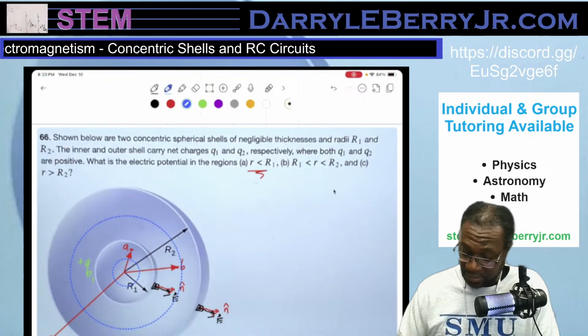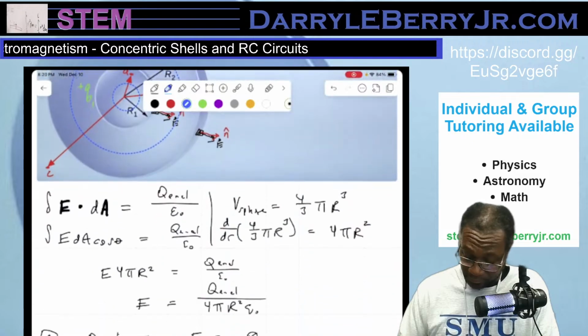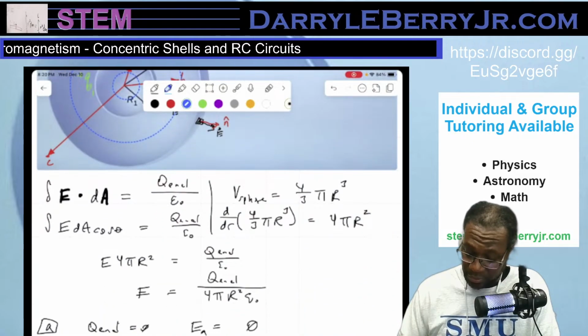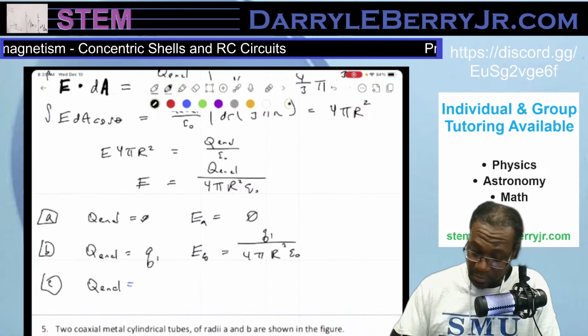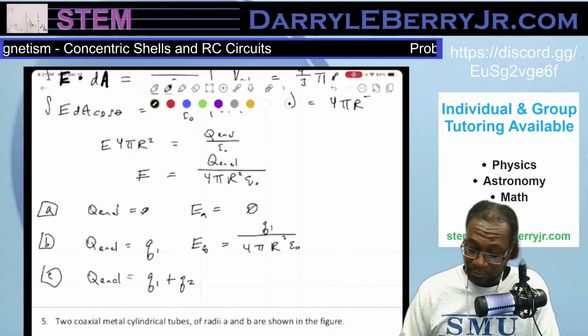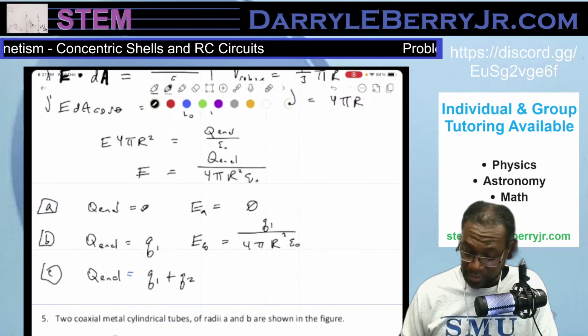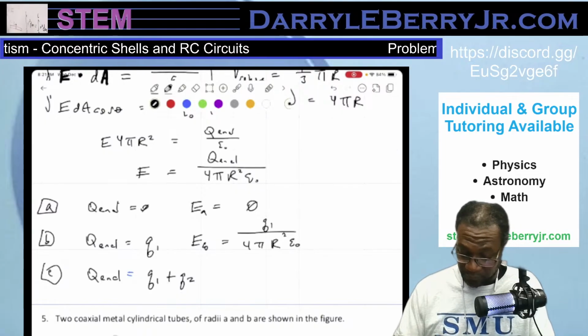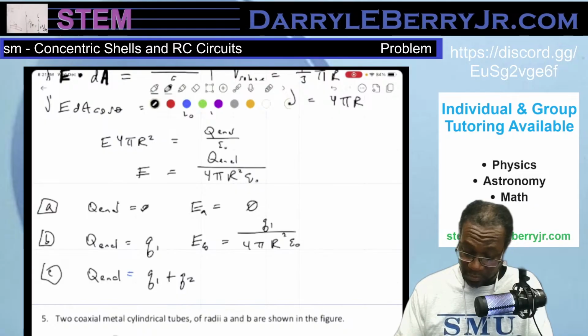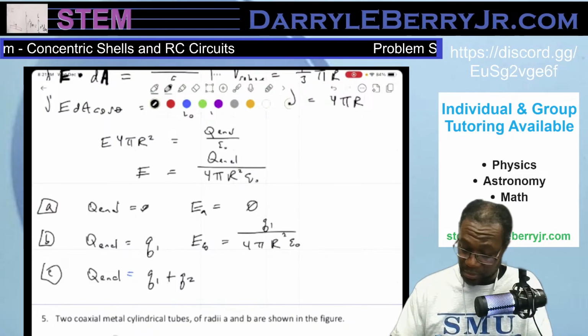So that's the determiner of the amount of field available from the charge. Now the thing about the outside, the total charge enclosed is Q1 plus Q2, from the outside.